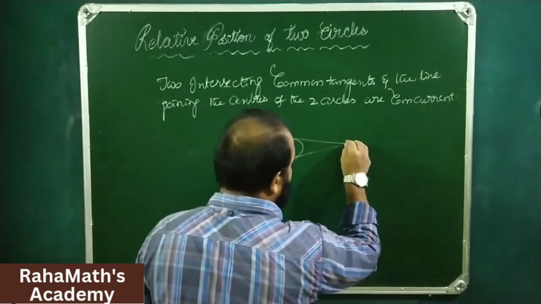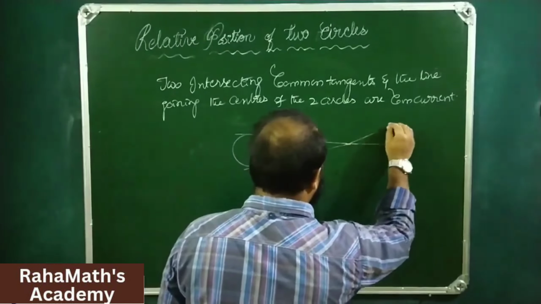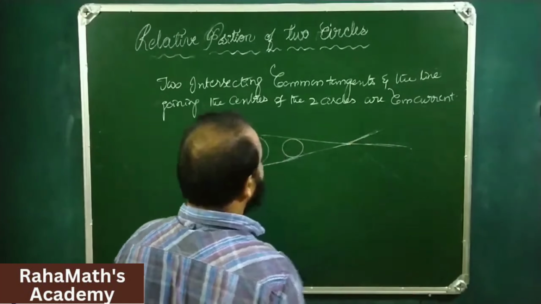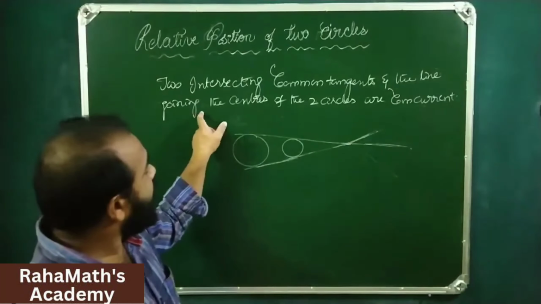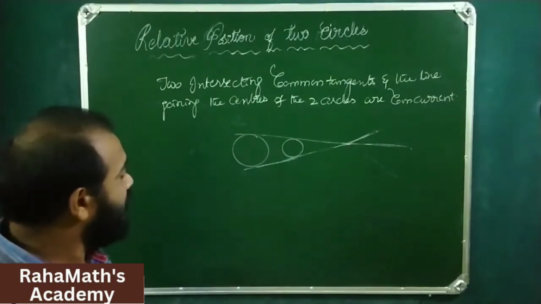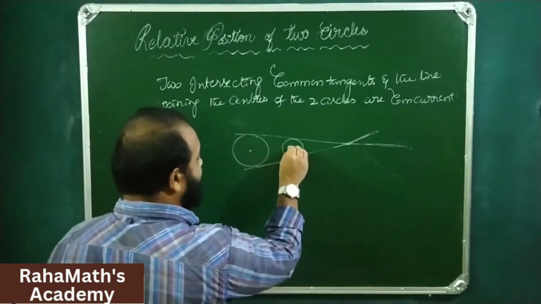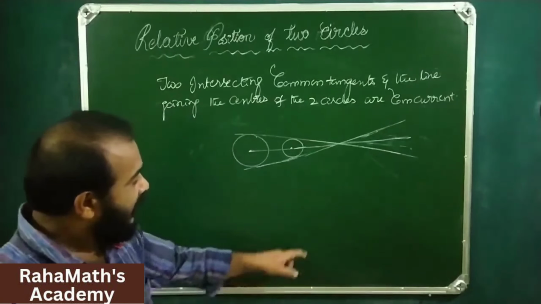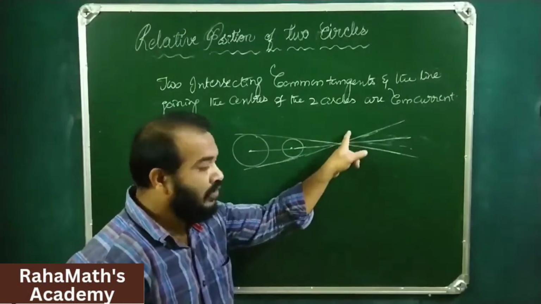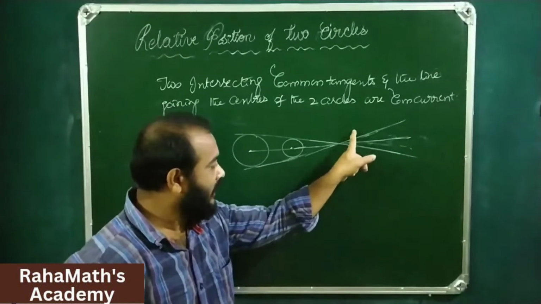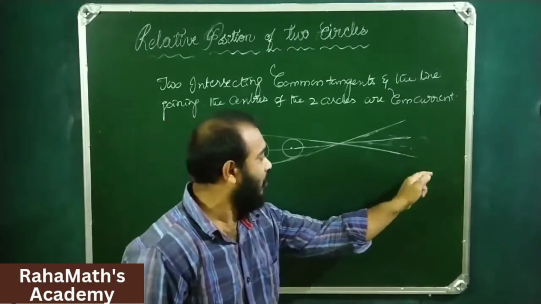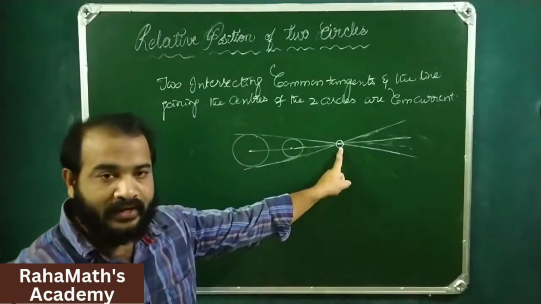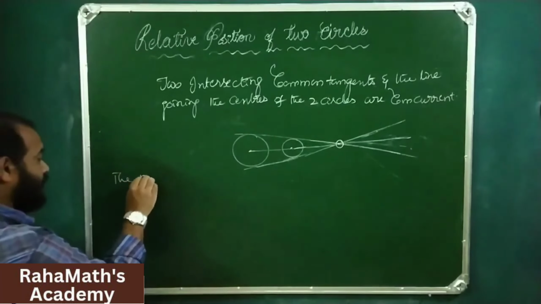So if you take the line joining the centers of the two circles, the two intersecting common tangents and the line joining the centers are concurrent, because all are passing through this point, the point of intersection.